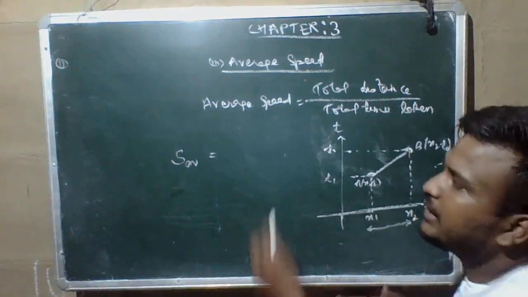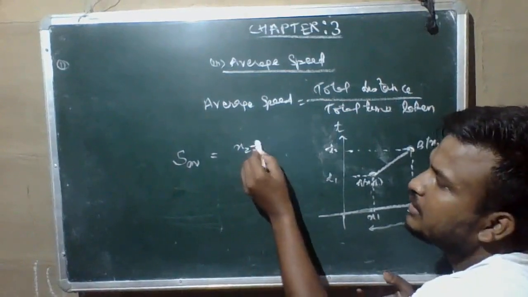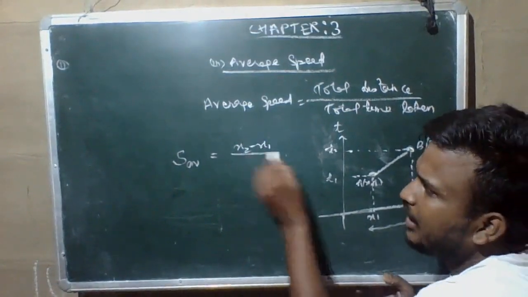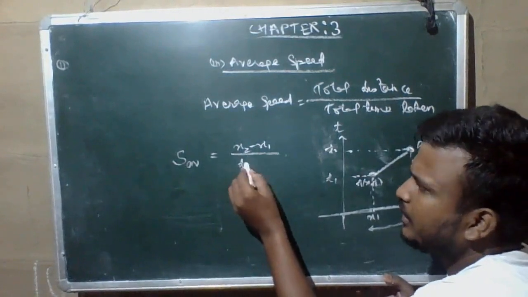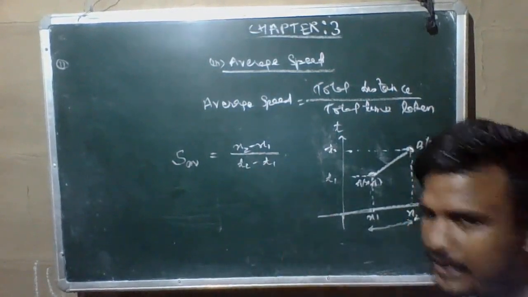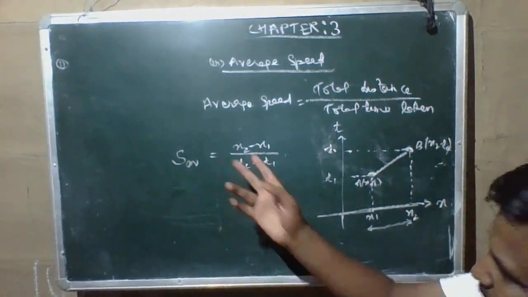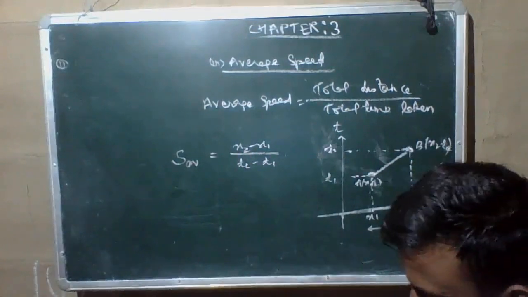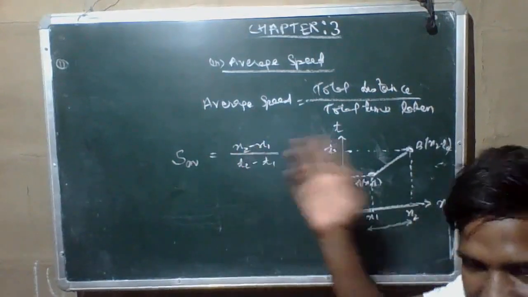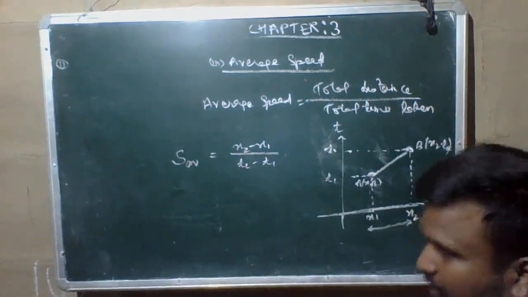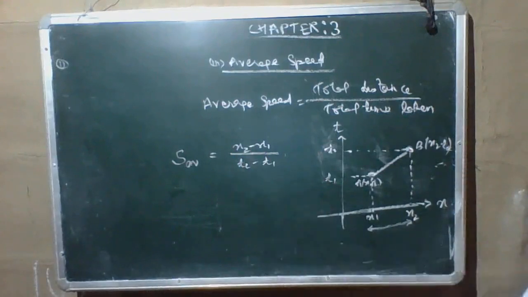Total distance covered is x2 minus x1. How much time is taken? That is t2 minus t1. So x2 minus x1 is nothing but the change in distance, and t2 minus t1 is nothing but the change in time from point A to point B.